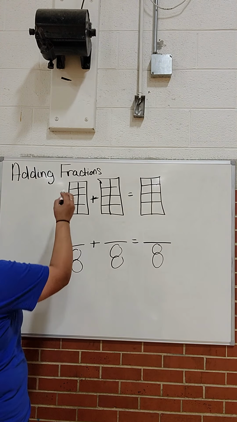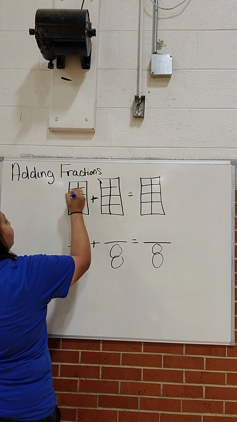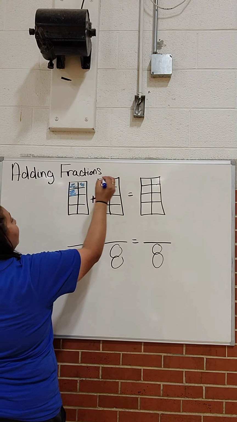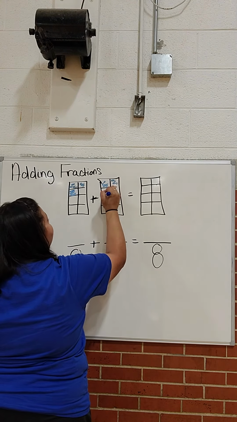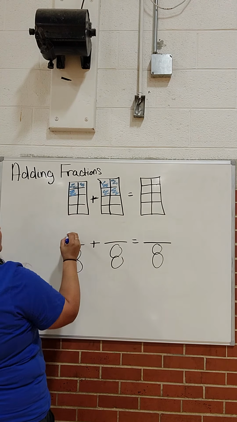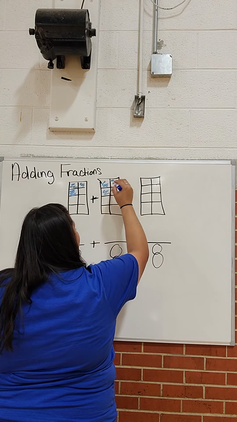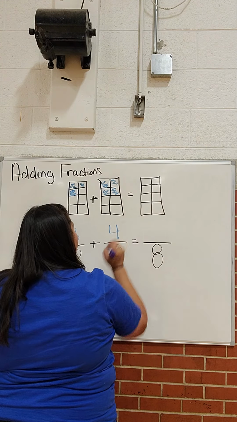Going in to find the numerators, we'll say for example, we've got 3 shaded parts on the first one, so that one is going to be 3 over 8. That's our numerator. And then 4 shaded parts, 4 is our numerator.